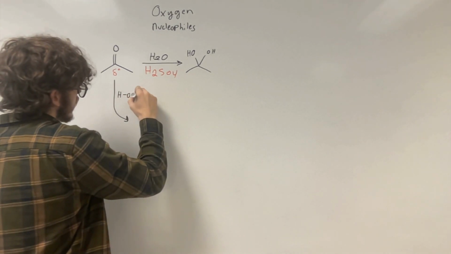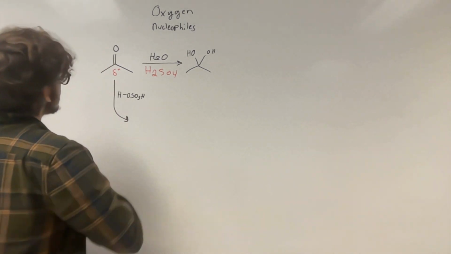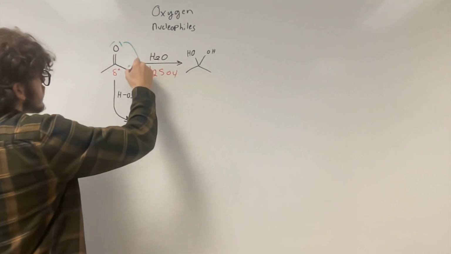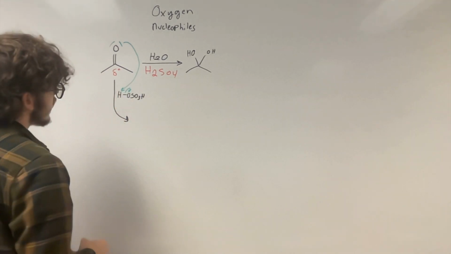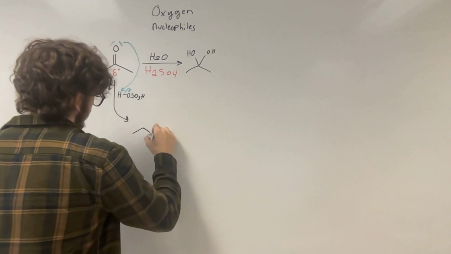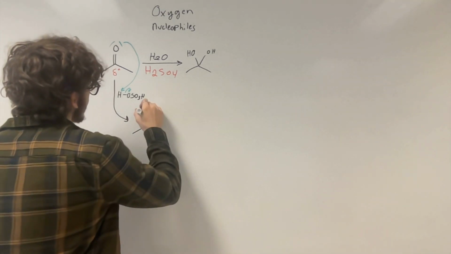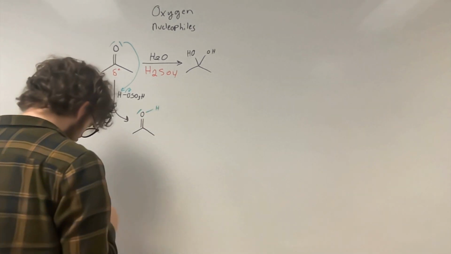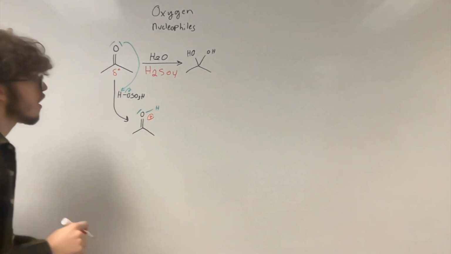So this is H2SO4, just drawn in a different light. Our ketone is going to pick up a hydrogen, and it's going to get protonated. Now you'll see that this has one effect, and one very great effect. Well, actually it has two, but one drastic effect is that we have a positive charge on our carbonyl.